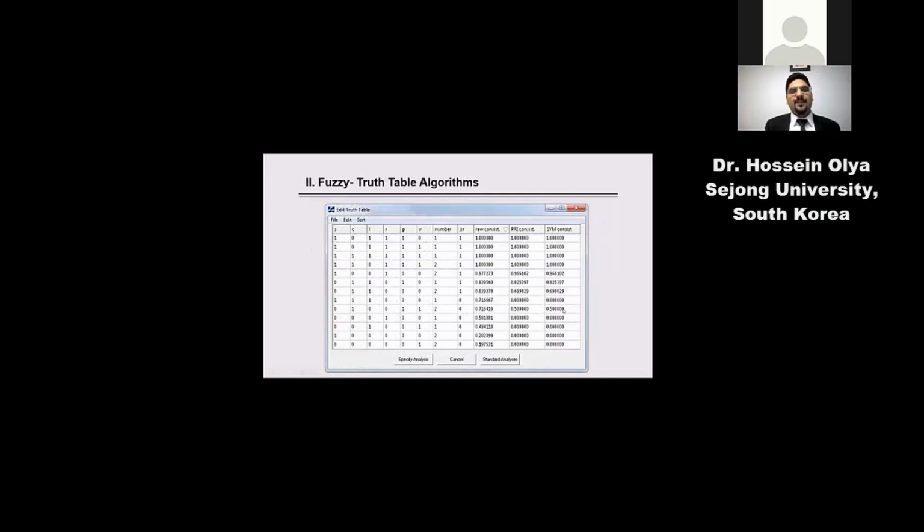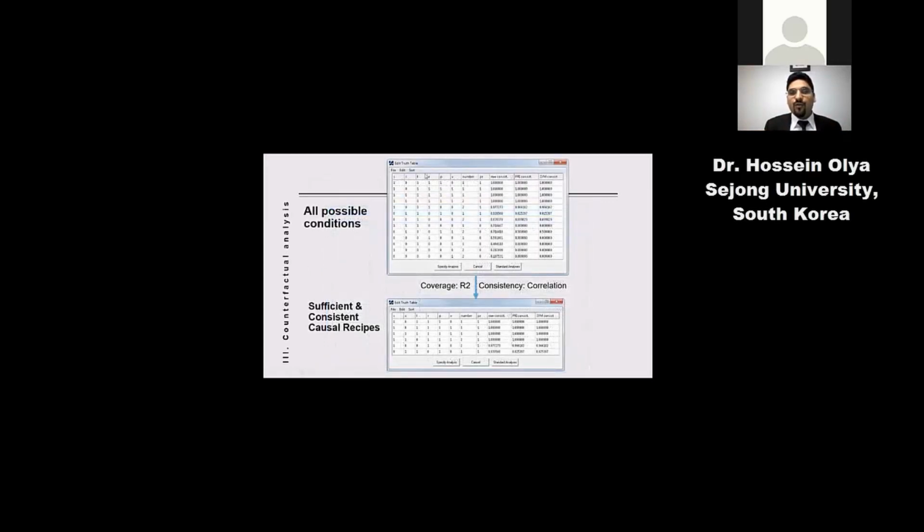The second step is the fuzzy truth table algorithm. In this section of the fsQCA, the software explores all possible conditions that lead to the given outcome. But you know, we have many possible conditions. We need to use some criteria to refine all possible conditions to the conditions that are sufficient and consistent.